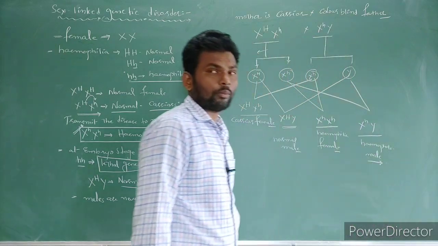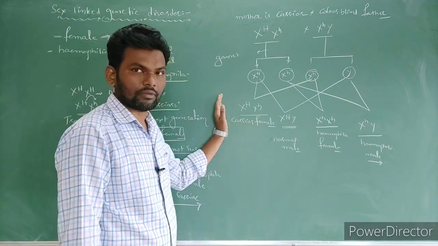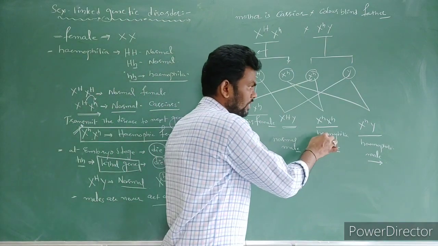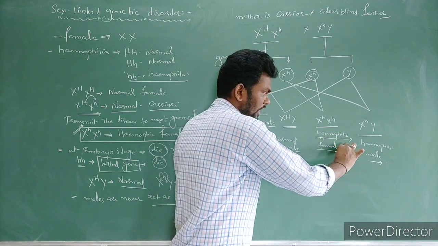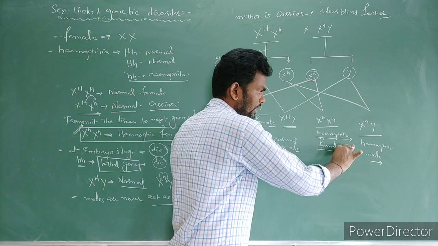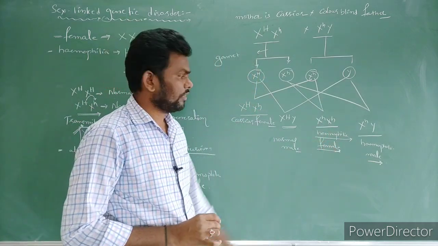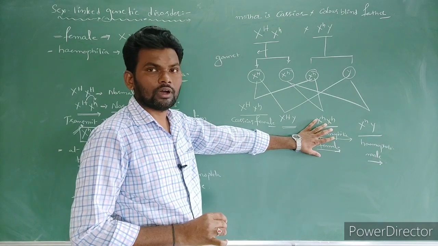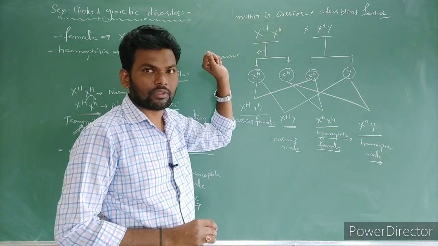In the competitive exam, they will compulsorily raise a question from this location. When a female with a recessive allele, or a hemophilic baby, is formed, then we have to represent the hemophilic baby's father and mother alleles.